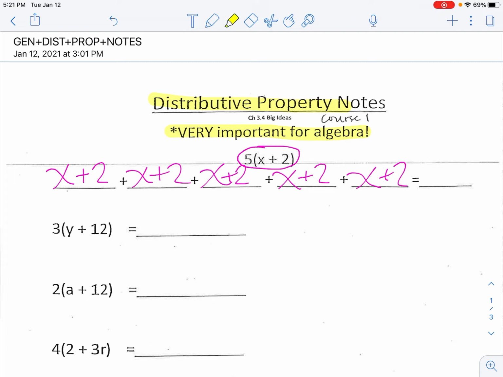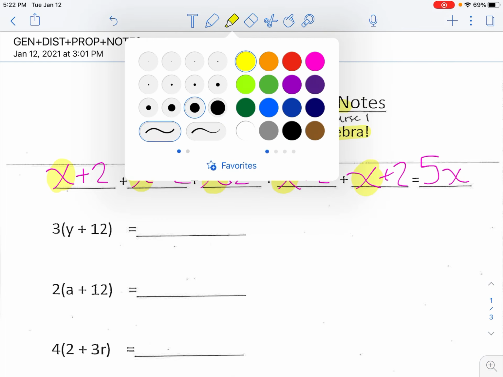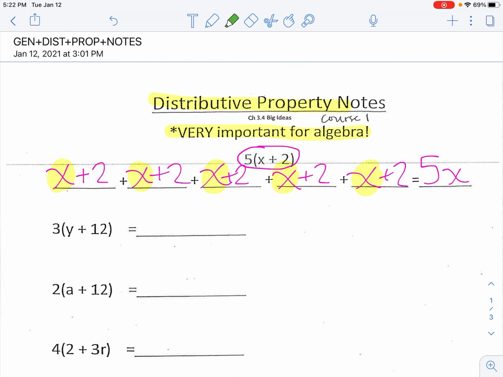Now, if we go back and look at how many x's we have, we've got 1x, 2x, 3x, 4x, and 5x. If we look at how many 2's we have, we've got 2, 4, 6, 8, and 10. So that answer would be 5x plus 10.